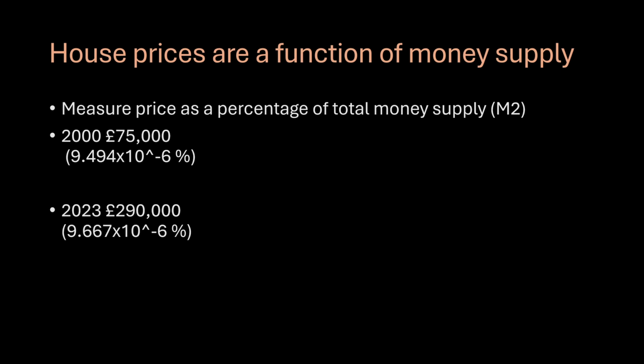We can then see these results. We've got 9.49 times 10 to the power of negative 6% in 2000, and then 23 years later it's 9.67 times 10 to the power of negative 6%. Very, very similar numbers, in contrast to the 75,000 to 285,000. They're not similar numbers at all.